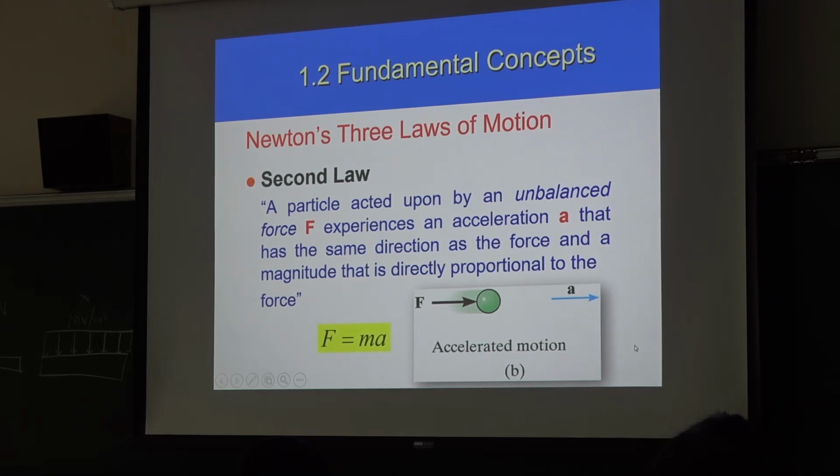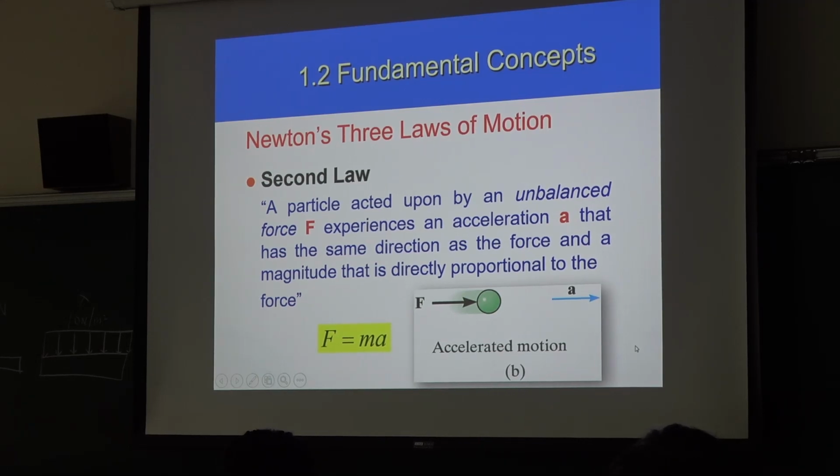And this law also explains why it's easier for you to push a bicycle than to push a car. Because you can understand, if you want to keep this constant, let's say you want to have an acceleration of 1 meter per second squared, how much force do you need?